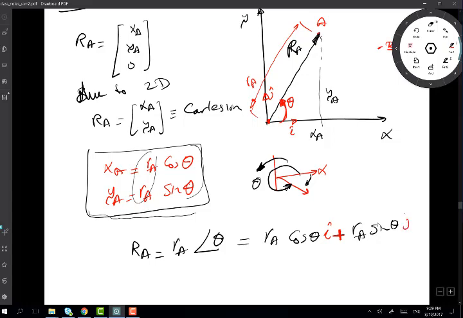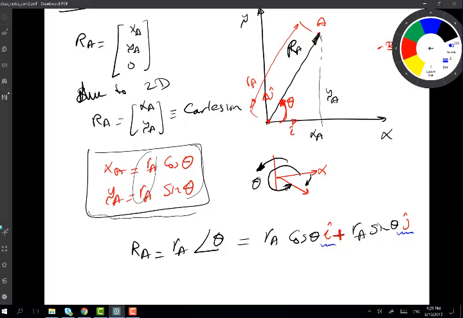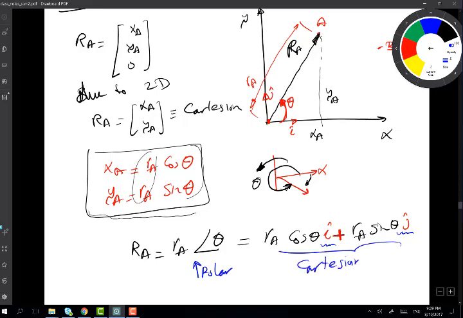I multiply those values by i and j, so I make sure they don't add up algebraically. They are two different things and are not added. The way we ensure people are not going to add those is by multiplying every component by a unit vector in the direction of x and a unit vector in the direction of y. So this is still Cartesian. This is polar. This is still Cartesian.